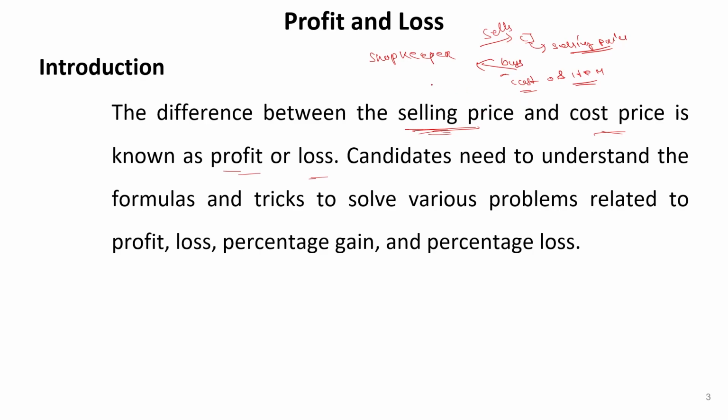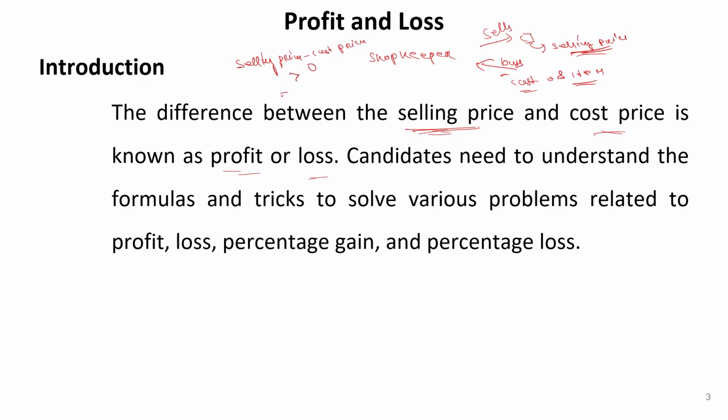The price at which a shopkeeper buys the item is the cost price, and the price at which he sells the item is called the selling price. Here, if he is selling for more than the cost of the item, then selling price minus cost price is greater than 0.